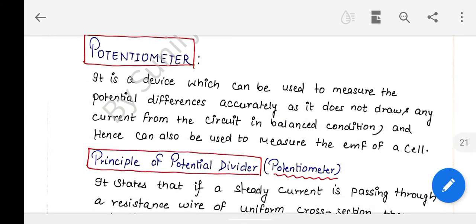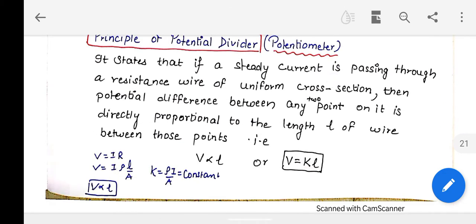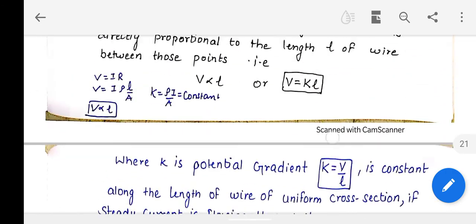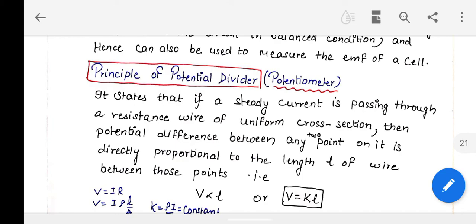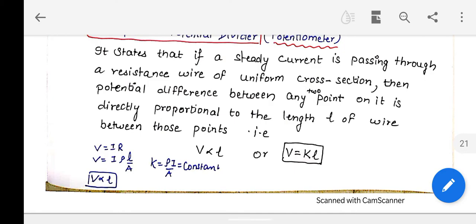And the next is potentiometer. Potentiometer is used to measure the potential difference between two points. And the principle of the potentiometer states that if a steady current is passing through a resistance wire of uniform cross section, then the potential difference between any two points on it is directly proportional to the length of the wire between these two points.